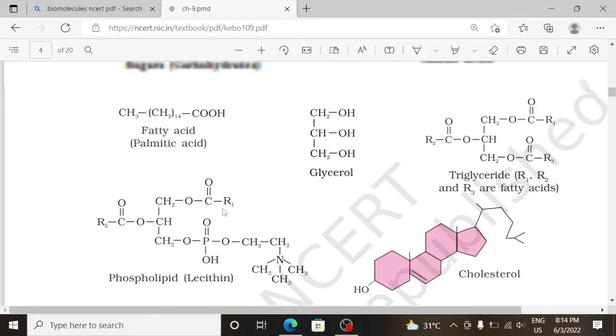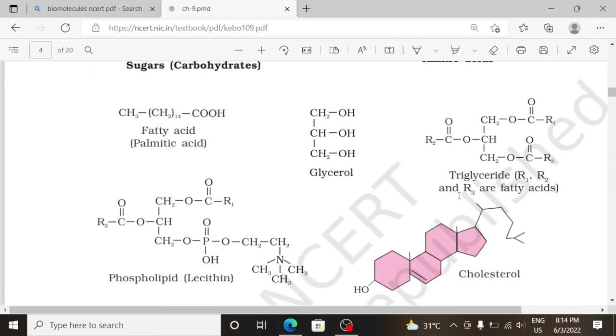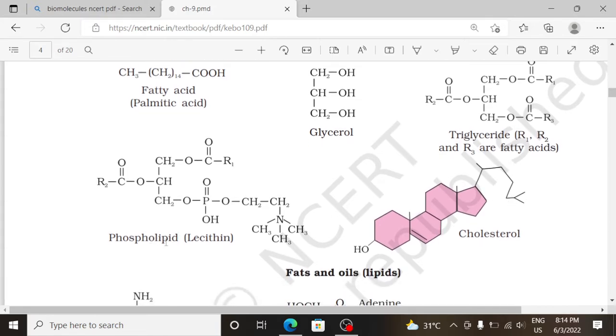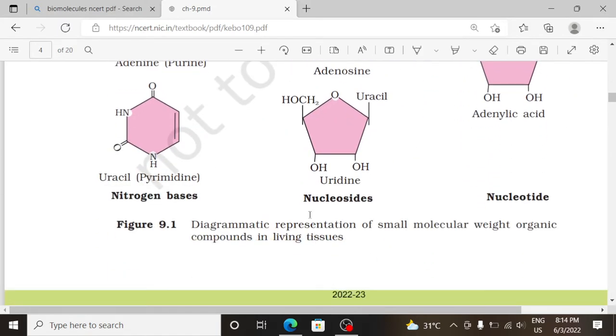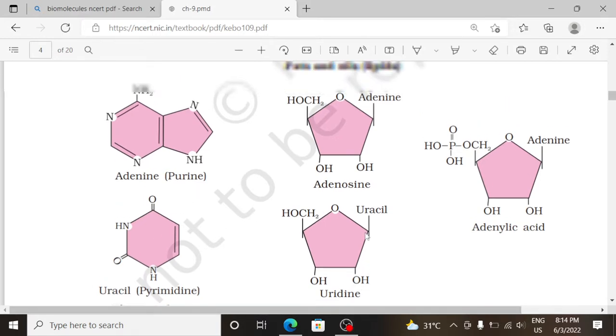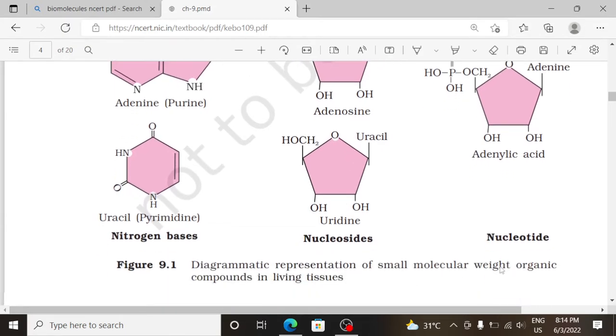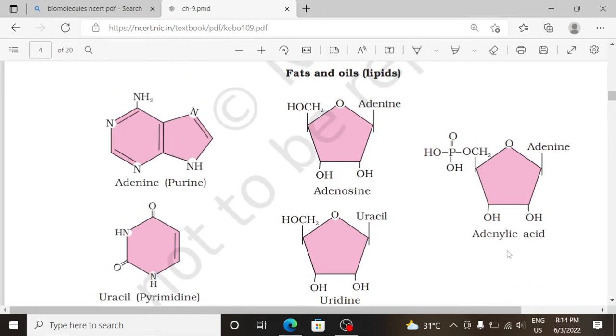Fats and oils include a fatty acid, palmitic acid, glycerol, and a triglyceride where R1, R2 and R3 are fatty acids, and a phospholipid called lecithin, and this is cholesterol. These are the nitrogenous bases: adenine is a purine and uracil is a pyrimidine. Nucleosides are adenosine and uridine, and a nucleotide is adenylic acid.